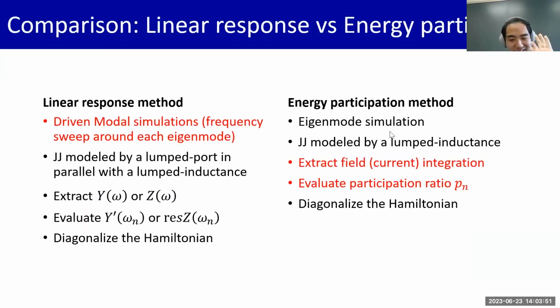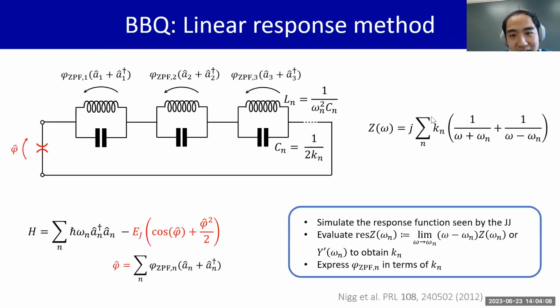So again, I apologize. I know this part is not made very clear, but I just wanted to make a comparison between these two methods. In practice, what we want to do is get the eigenmode frequencies omega n, and get these phi ZPF for each eigenmode.